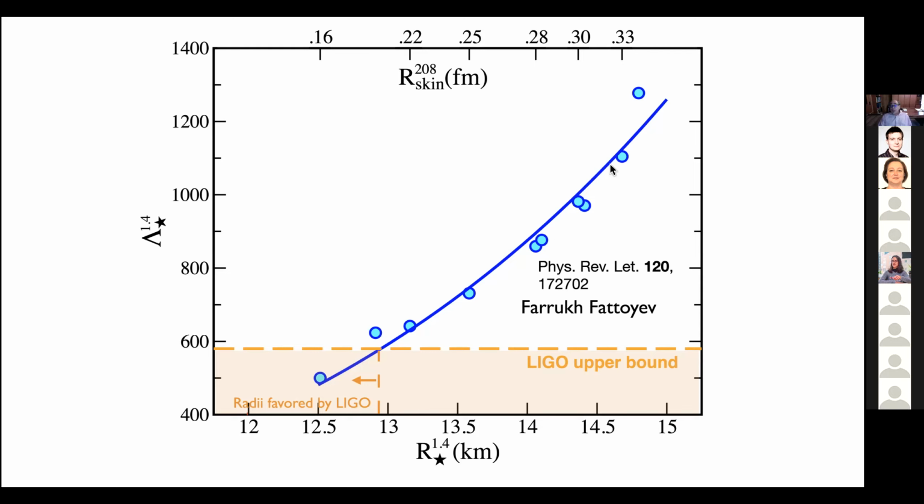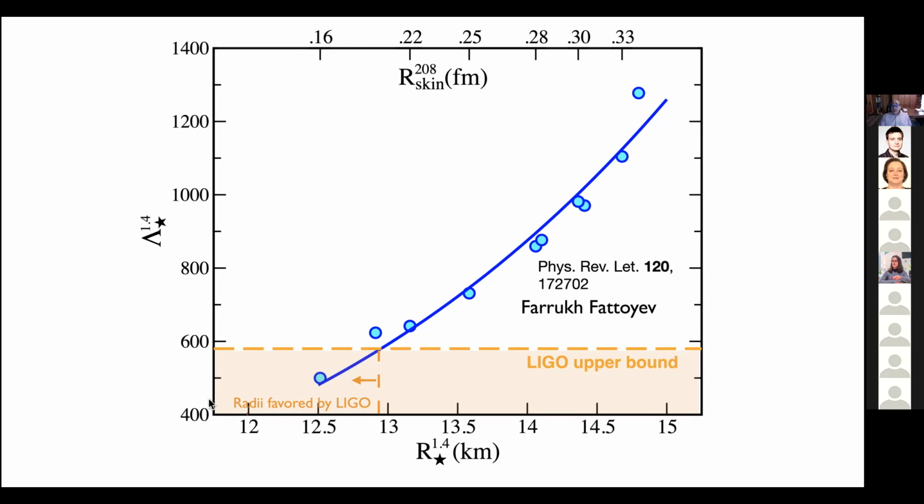So these blue circles are a series of relativistic density functionals. Given a density functional, we can calculate the properties of lead. We also calculate the equation of state, determine the radius and deformability of a neutron star. So one functional implies all three quantities.